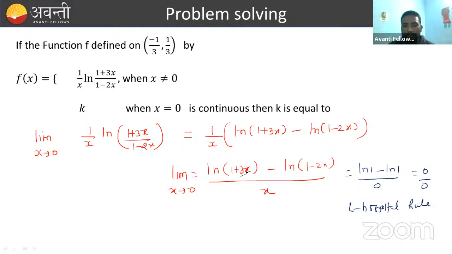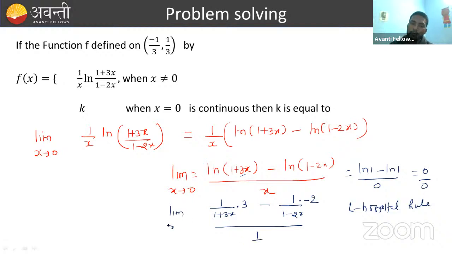Okay, we can apply L'Hospital rule. If you take the derivative, what will come? 1 divided by (1 plus 3x) into 3, minus, taking the derivative, 1 divided by (1 minus 2x) and the coefficient of x is minus 2, so it will be minus 2, and here it is 1.